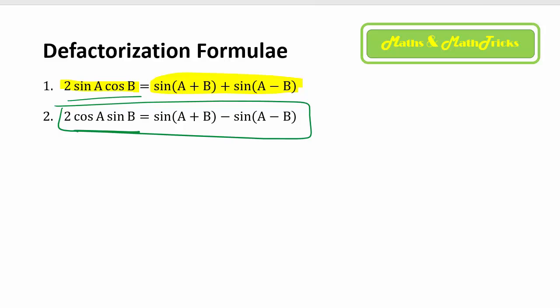Vice versa, whenever you have sine and cos terms in your problem, you can express them by adjusting the 2, and write them as sine of a plus b plus sine of a minus b. Hopefully, you all can now answer the questions where simplification needs to be done, expressing the product into sum and the difference. Alright, so here we are done with the factorization formula for sine.